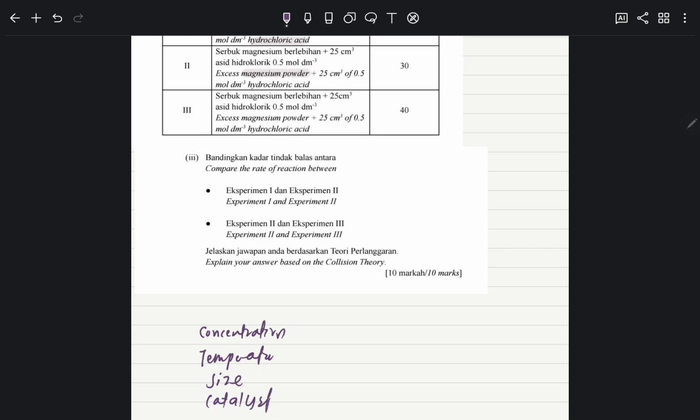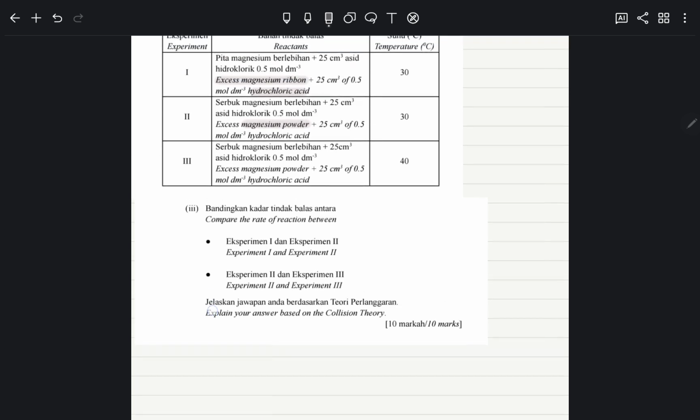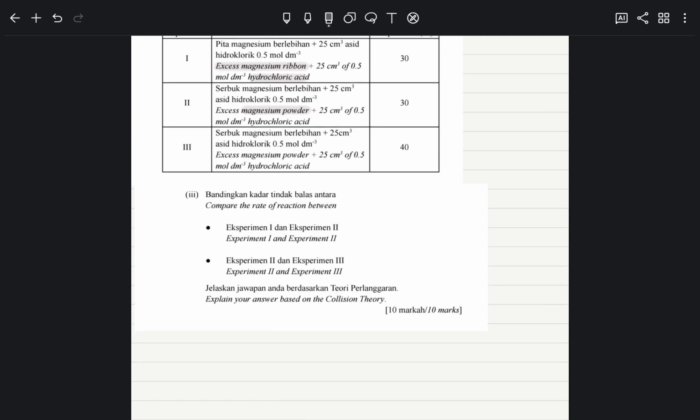So you should find out whether anything is different between the two sets, either concentration, temperature, size, or catalyst. If you see set 1 and set 2, the difference is that this one uses magnesium ribbon, this one uses magnesium powder. So you can see the difference is in terms of size. You should note about it.